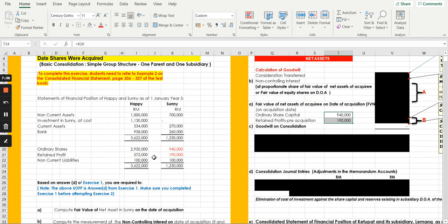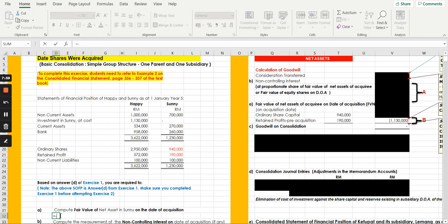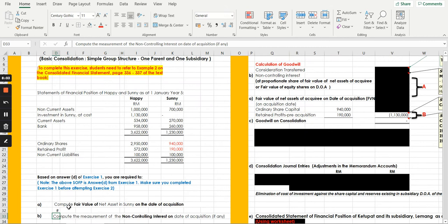There is no other equity or reserve except for those two. So now you have the first answer, the answer for A, which is 1130. So your fair value of net asset would be equal to 1130. That is the answer for your first part.